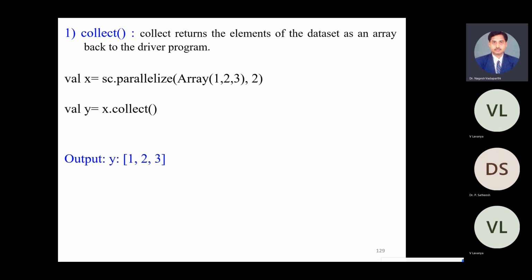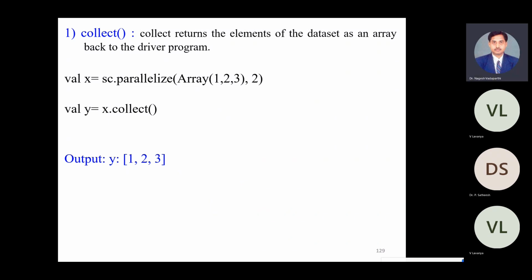Now I'm taking x as input to the system: sc.parallelize of Array(1, 2, 3) with two partitions. So now I'm printing the value of x. y is equal to x.collect. So collect is an action we are performing on x. Now it is printing the output variable.